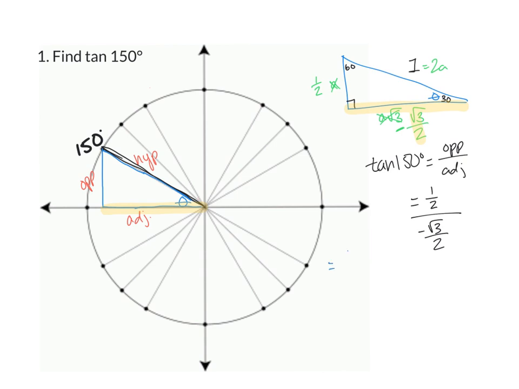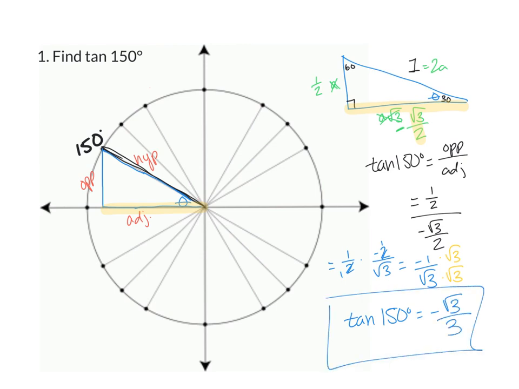It's going to end up being 1/2 times negative 2 over root 3. We have some canceling going on. I get a negative 1 over root 3. We cannot have a radical in the bottom, so I'm going to rationalize it, multiply the top and bottom by root 3. And I end up with the tangent of 150 degrees is negative root 3 over 3.